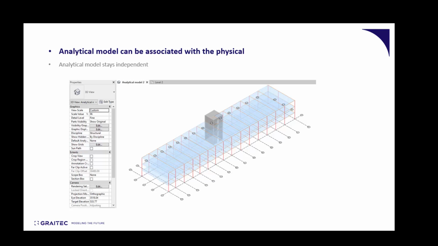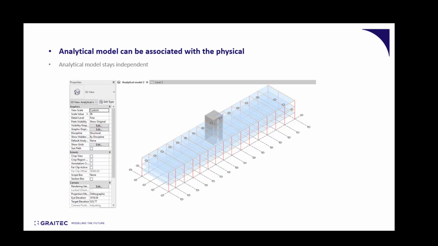However, the association between the physical and the analytical model makes possible the link and makes it possible to retrieve the section and the cross section, but also the material used on the physical model and the family type.